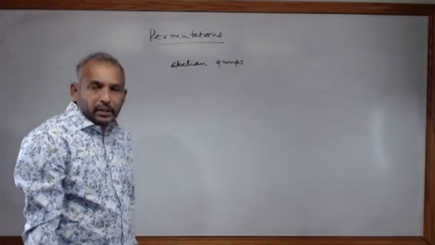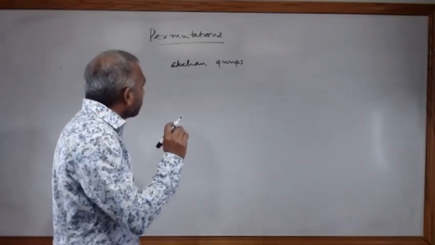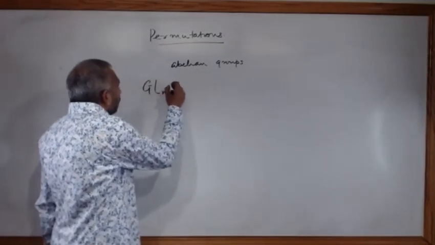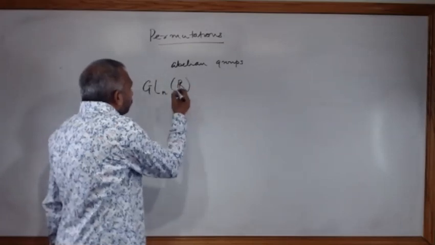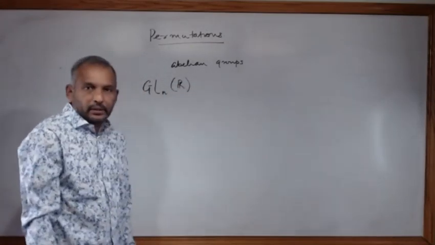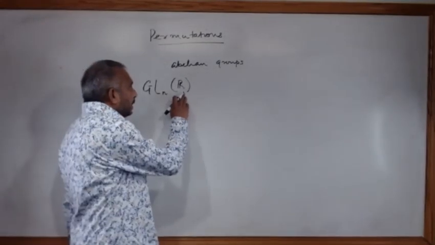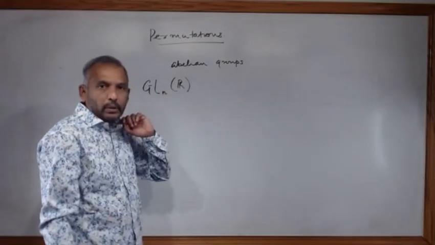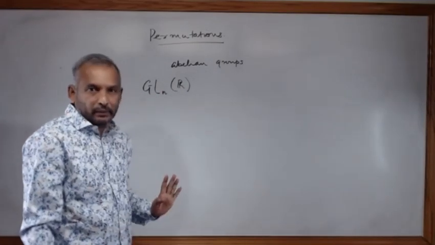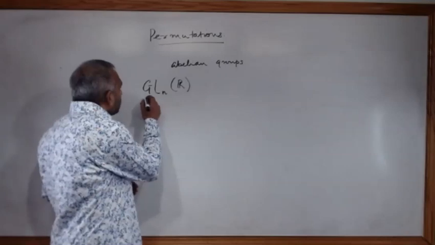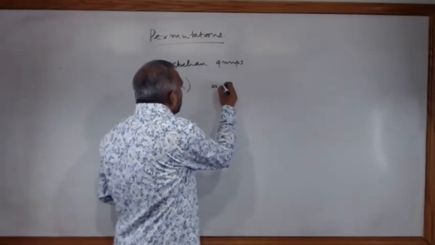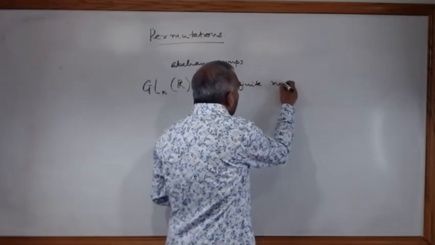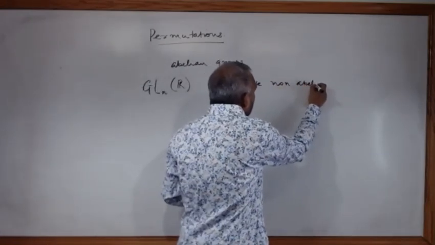Most of the groups we discussed so far are abelian groups except the group of n by n invertible matrices with real entries, which is not an abelian group under matrix multiplication. But this group is infinite. Infinite non-abelian group.